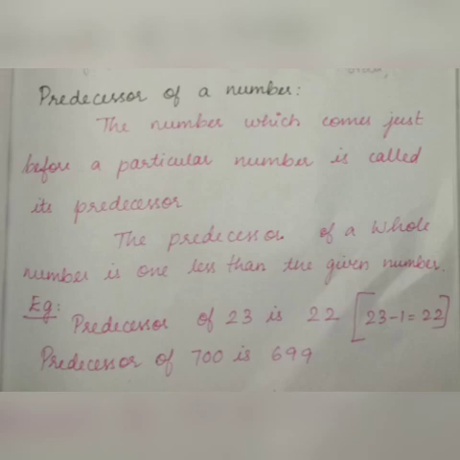See the example given: the predecessor of a whole number is 1 less than the given number, which means the predecessor of 23 is 22, the previous number. The predecessor of 10 is 9, the predecessor of 100 is 99. The previous number is nothing but the predecessor. Keep it in your mind like that. So the predecessor of 700 is 699. You subtract 1 from that number, and you get the predecessor.